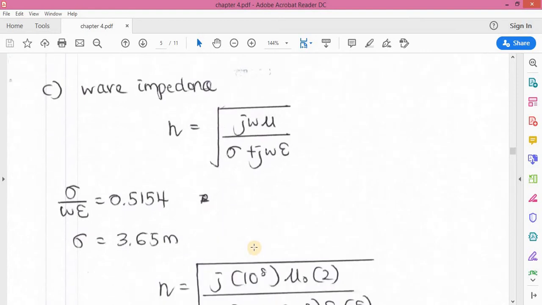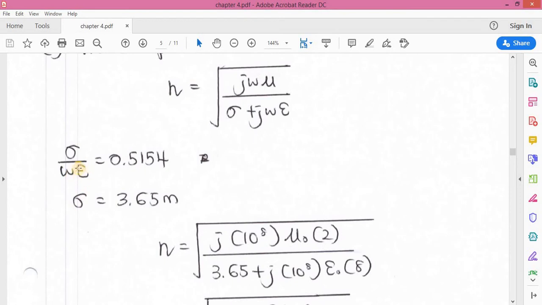And the next one is the wave impedance. I can calculate by using this equation for wave impedance. Based on the calculation that we got just now, this is the loss tangent, my sigma is equals to 3.65. This one you can replace with epsilon naught multiplied with 8.